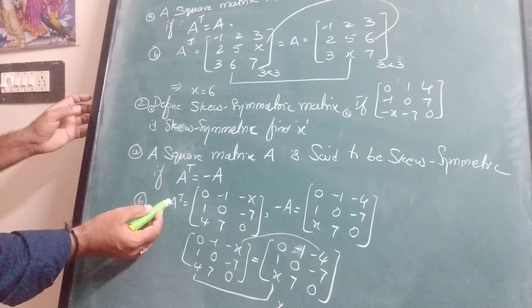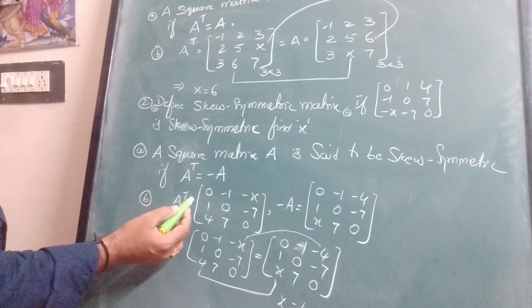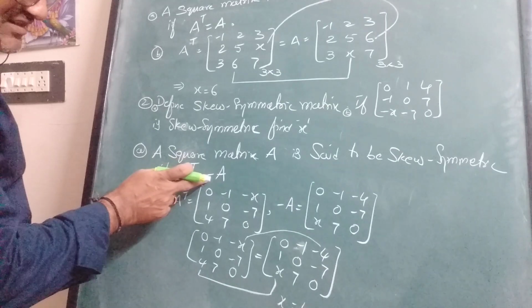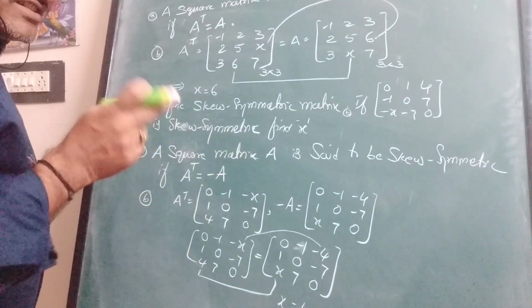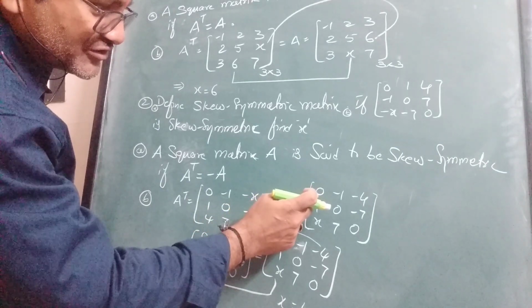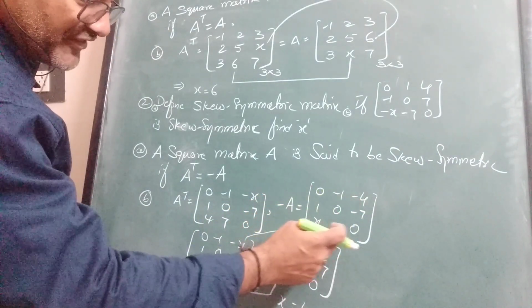Now, if A is given, A transpose is equal to this value, we got it. Now we want minus A here. Multiply each and every element of A with a negative sign. So minus A is equal to 0, minus 1, minus 4, 1, 0, minus 7, x, 7, 0.